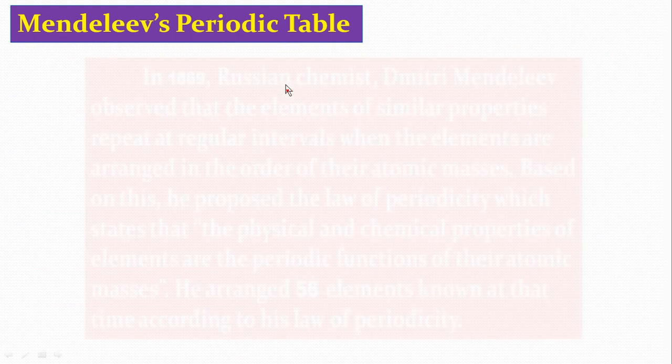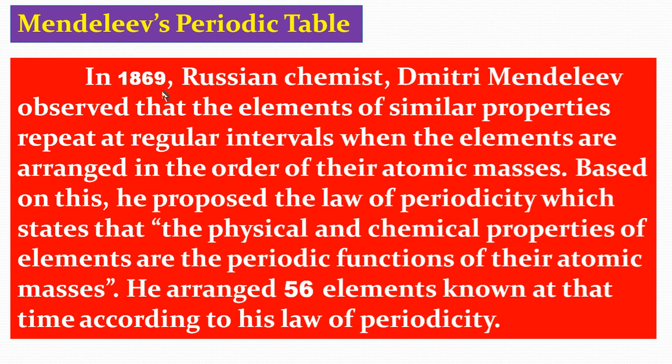Then the Mendeleev periodic table. In 1869, a Russian chemist, Dmitri Mendeleev, observed that elements of similar properties repeat at regular intervals when the elements are arranged in the order of their atomic masses.